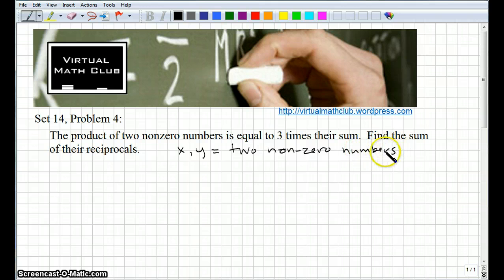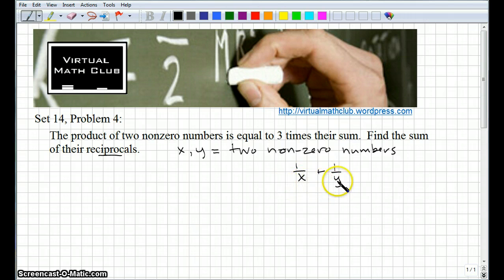And we're given that they're non-zero, which is a good thing because we're asked to find the sum of their reciprocals. That's probably the other thing you want to make sure you understand: what they're asking for. Reciprocal is just 1 over, right? 1 over x is the reciprocal of x, and 1 over y is the reciprocal of y.